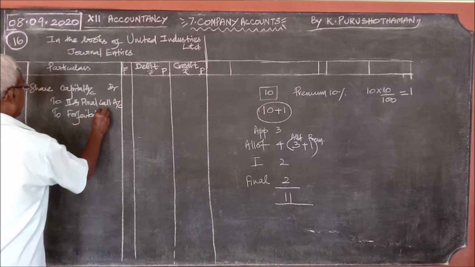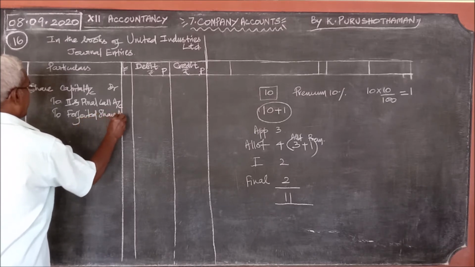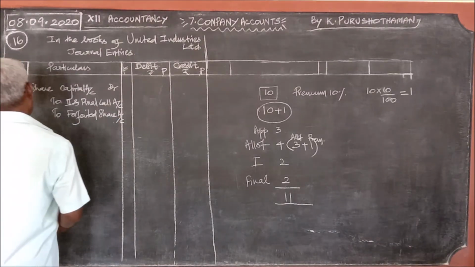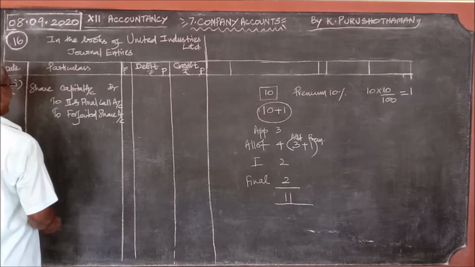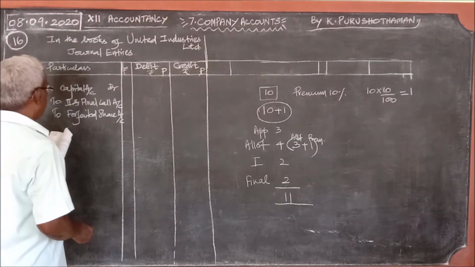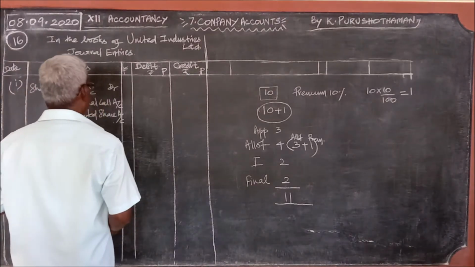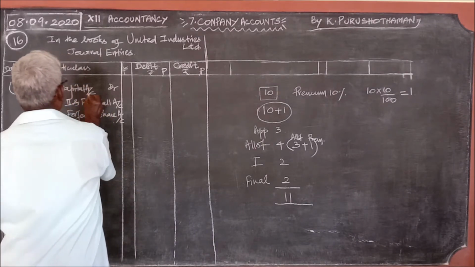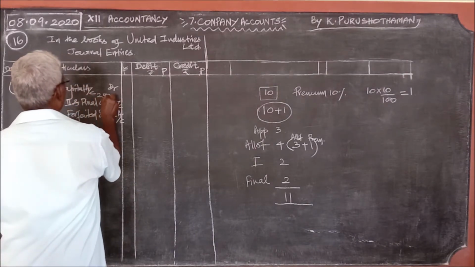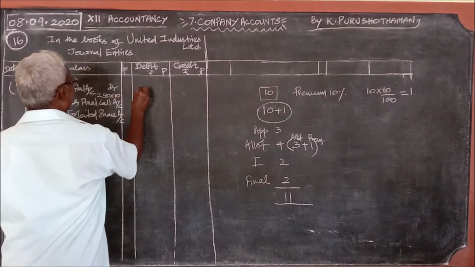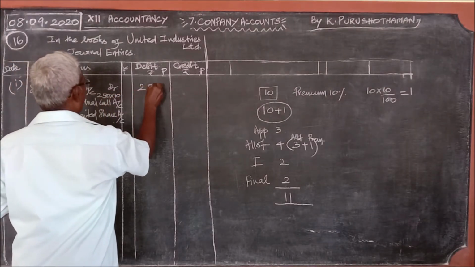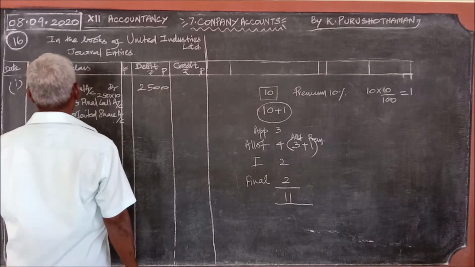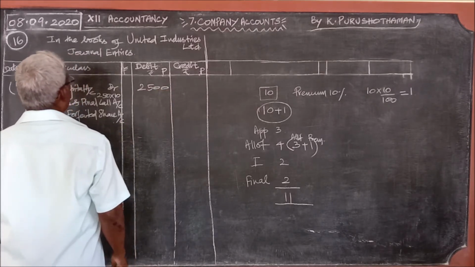What is the share capital value here? 10 rupees. So 250 into 10, that is 2,500 rupees. In this, what is the final call money?